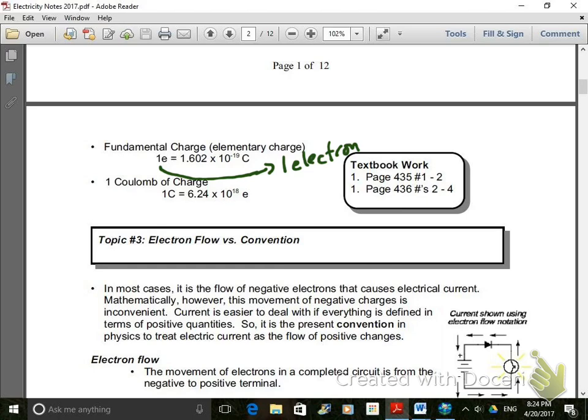This charge itself, because it's dealing with one specific electron, is not very helpful, because when we talk about electricity, we look at very, very large amounts of electrons.